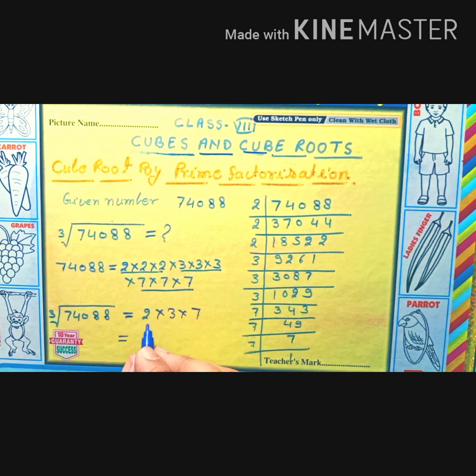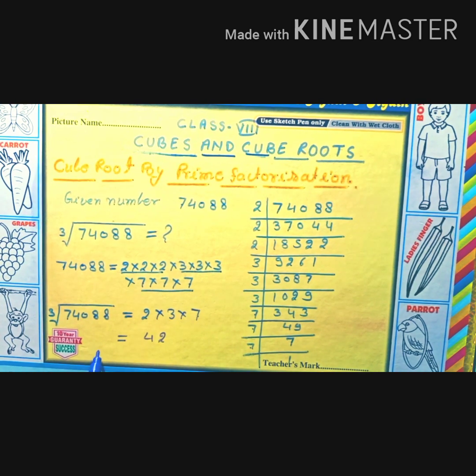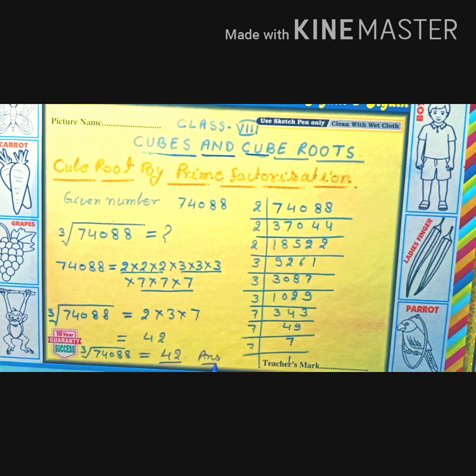Now this value is equal to 42, means cube root of 74,088 is 42. This is answer.